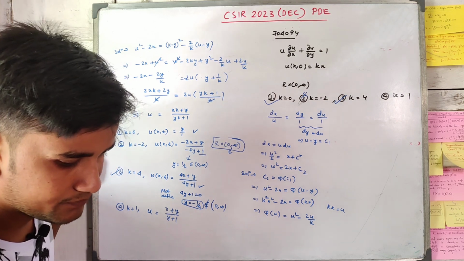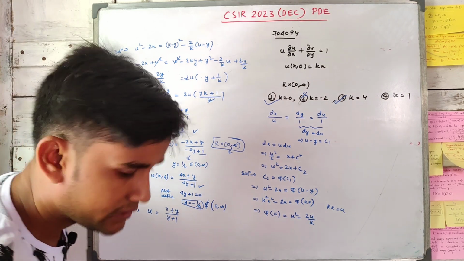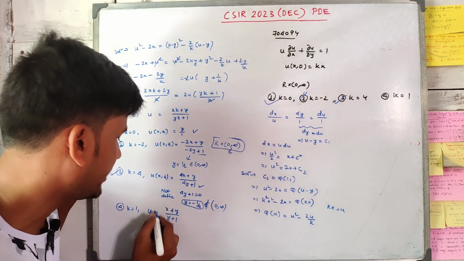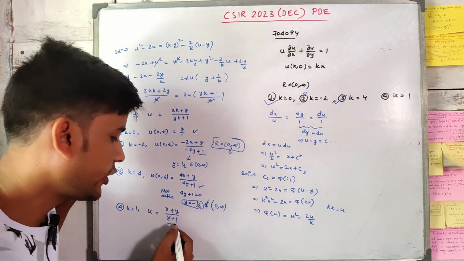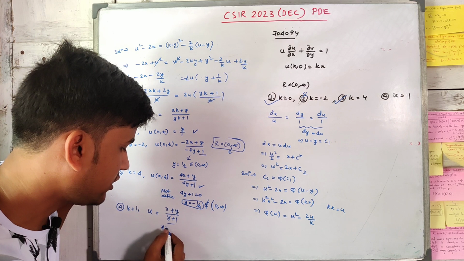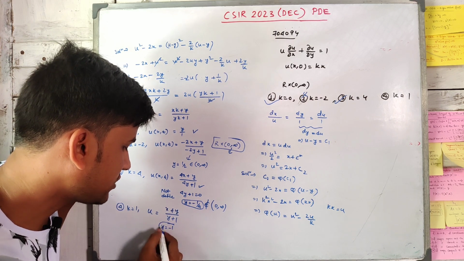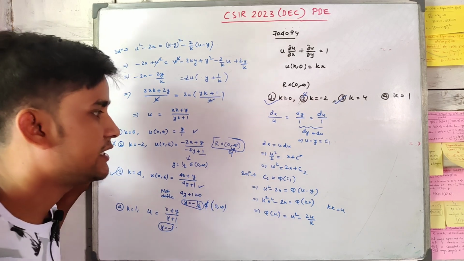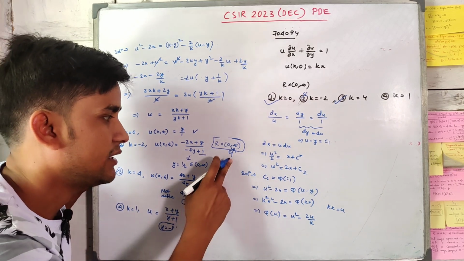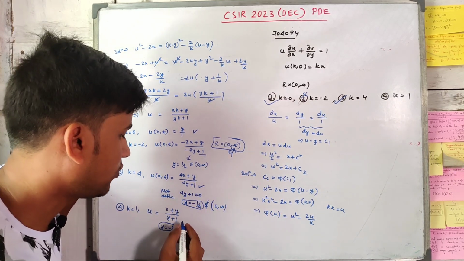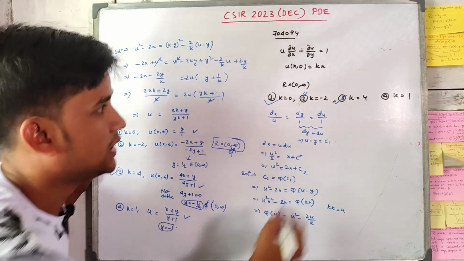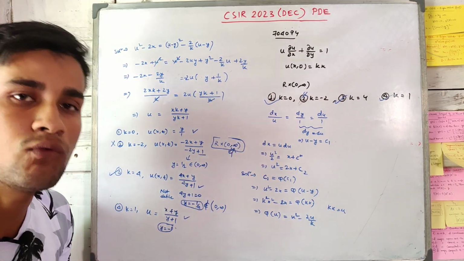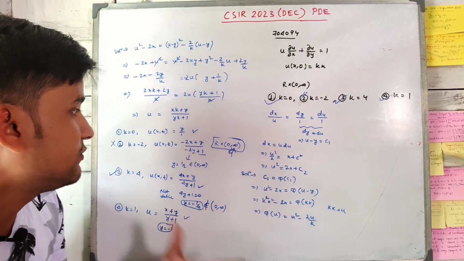Now the denominator y plus 1 is 0 when u is not defined, that is for y equal to minus 1. But y equal to minus 1 does not lie in the interval (0, 1). So that means this is also a solution. That is, for these three values of k, 0, 4 and 1, the solution is defined.